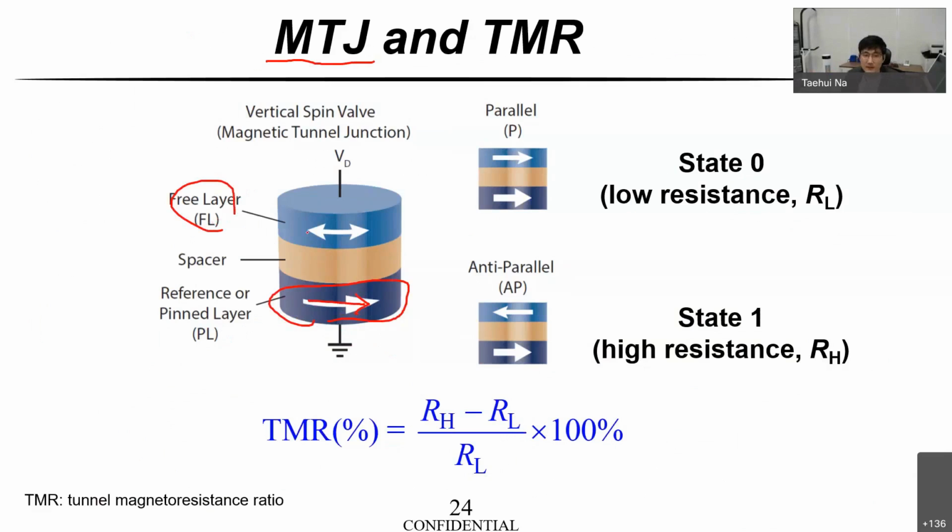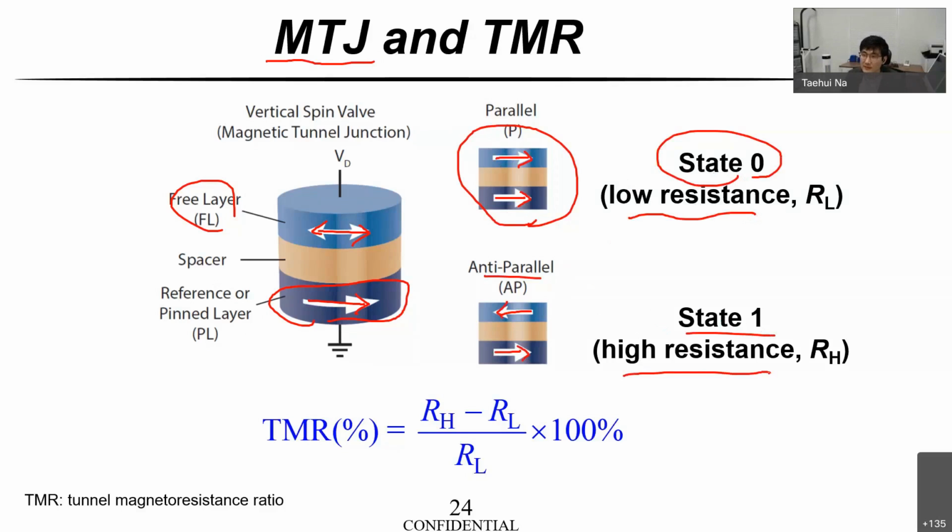And there is the free layer, in which the magnetization direction can be changed. If we make it parallel, we say it is state 0 because it has low resistance. In the case of anti-parallel, we say state 1 because it has high resistance. Very simple: parallel, low resistance; anti-parallel, high resistance. So please remember RL and RH.